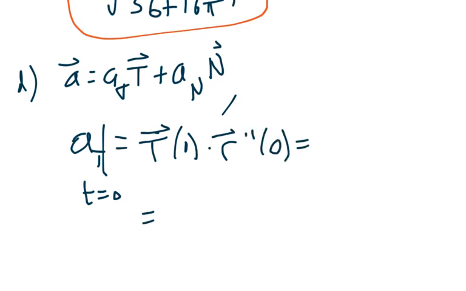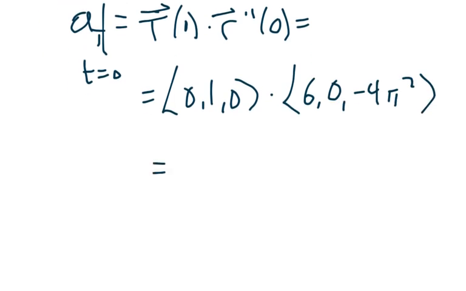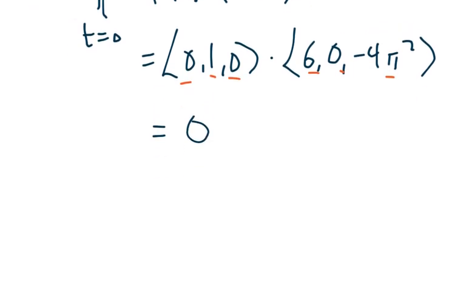So in this case it's 0, 1, 0 dotted with r double prime, which is 6, 0, minus 4 pi squared. Well, this is just 0 plus 0 plus 0, so this thing is equal to 0. So the tangential component of the acceleration is equal to 0.